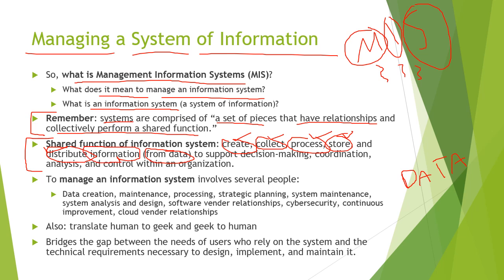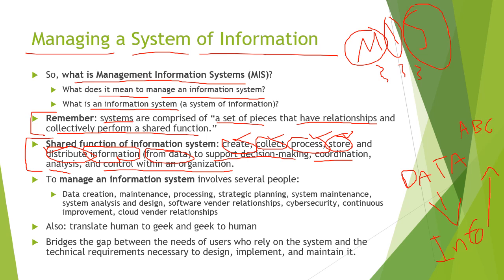So we all should know that information is not data. Information is data within context, in order to support decision making, coordination, analysis, and overall, have some control within your organization. So the data really needs that context to turn into information, and then information needs to be distributed to different people within the organization.